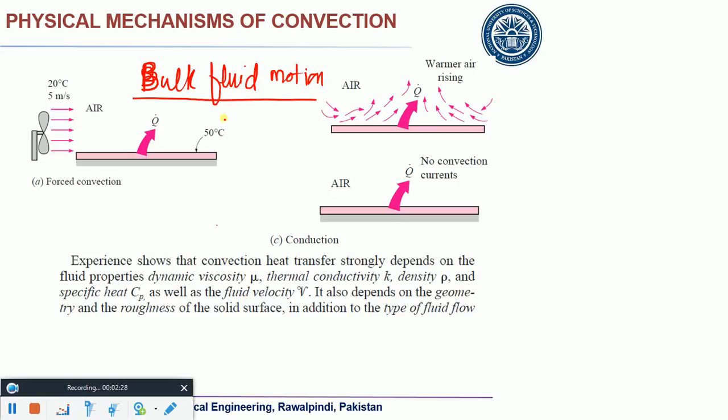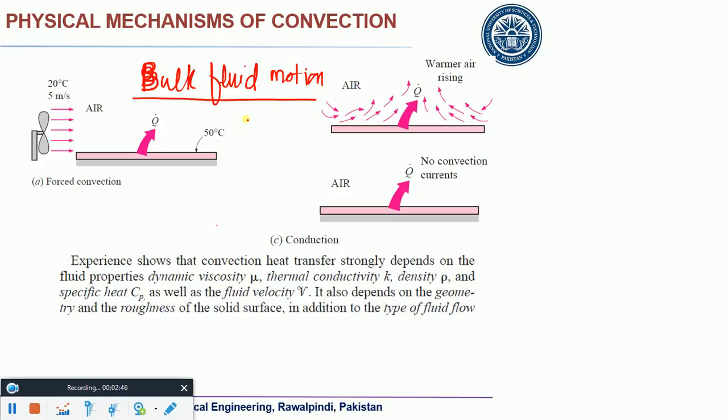For convection, this is the main property. If there is no bulk fluid motion, even if you are talking about, let's say, a hot cup of tea, or a hot tub of water, even if it is a fluid, that heat transfer would be conduction.